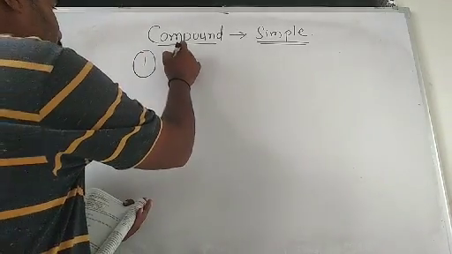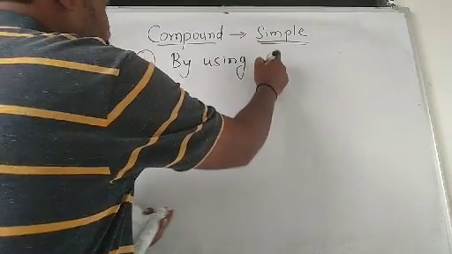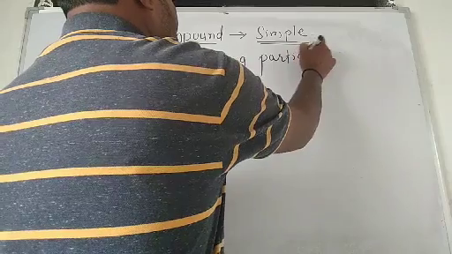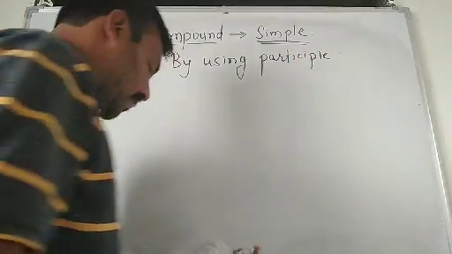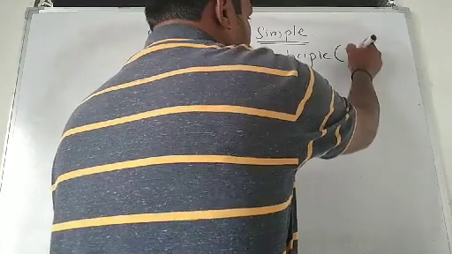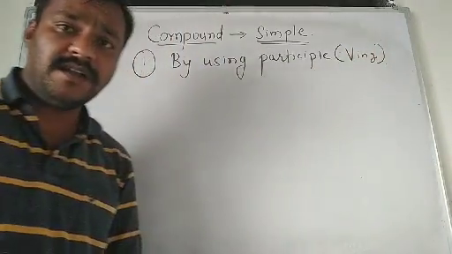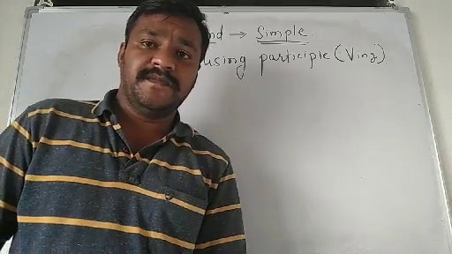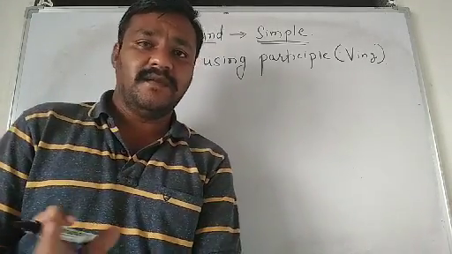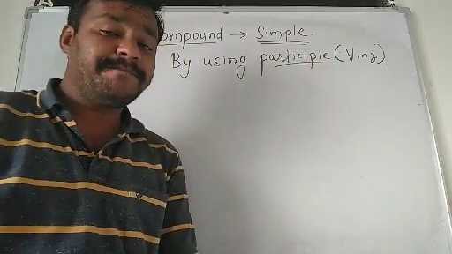The first way is by using participle forms. Participle forms we have already discussed. Those are called verb-ing forms. If we add ing to the verb, that form of the verb is called a participle.